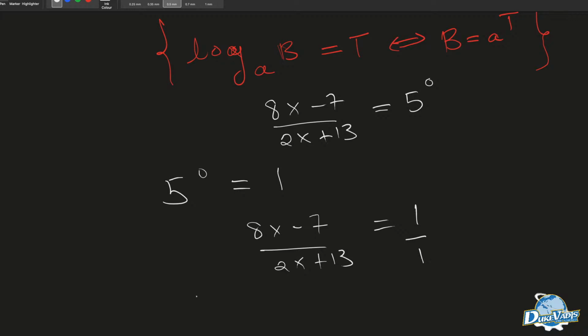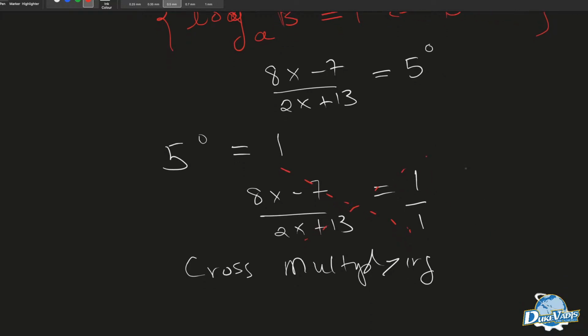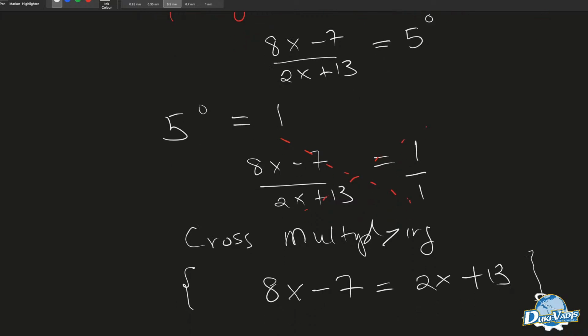After that, we cross multiply. That means this one is going to multiply this, and this one is going to multiply that. Beautifully, when we cross multiply, we get 8x minus 7 equal to 2x plus 13. So this becomes a very simple equation to solve.